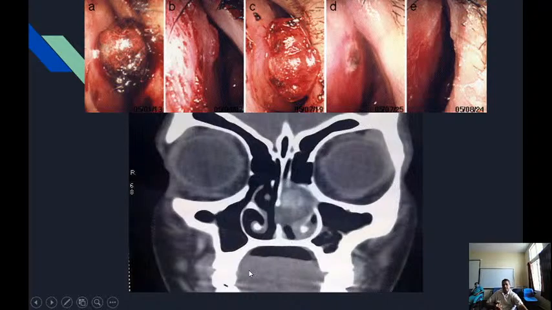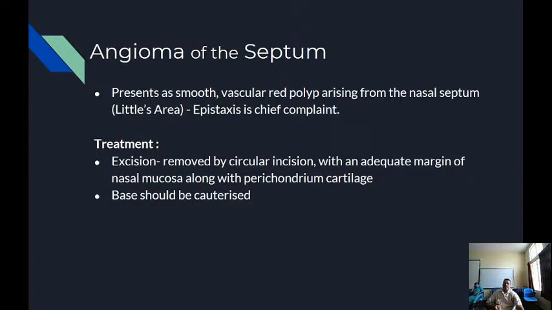That is the treatment of choice. And radiologically, this is how you confirm the tumor. So these are benign tumors of the vascular elements. That is the angioma of the septum.